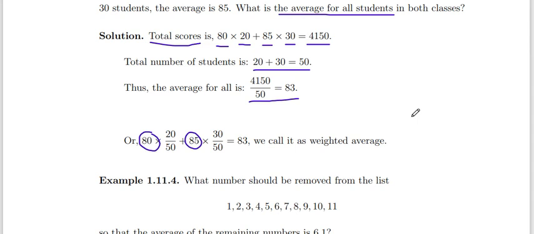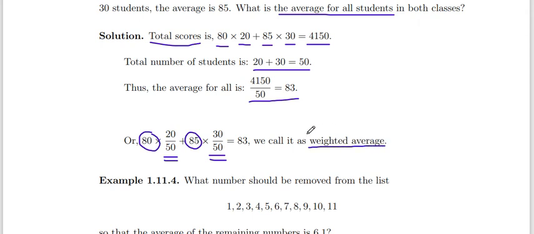So class 2 contributes more. The total students is 50, so the 30 students of class 2 contribute 30 over 50, and class 1 is 20 over 50. So we can call those a weight. We multiply each by its weight and add them. We call this a weighted average.